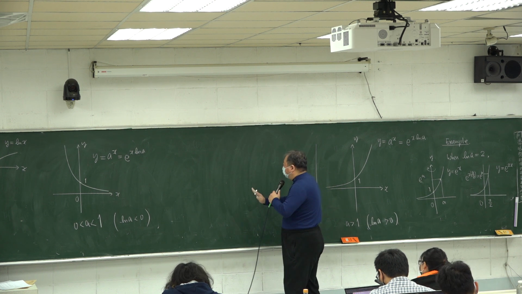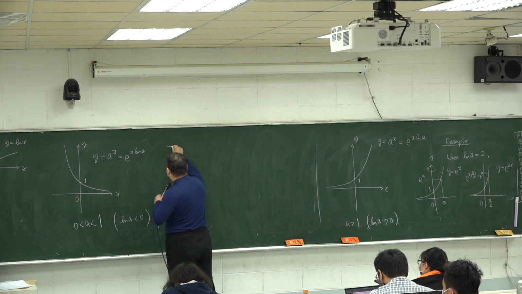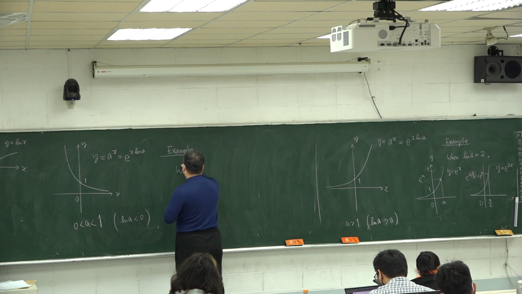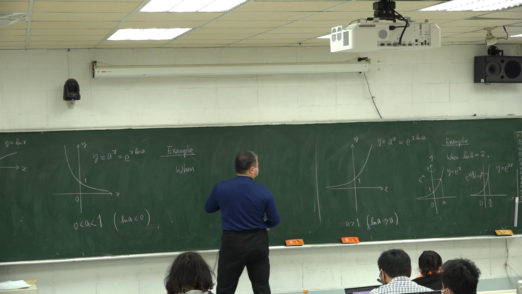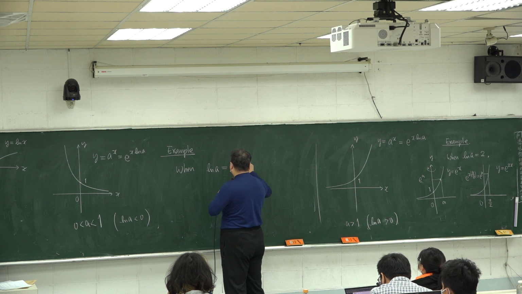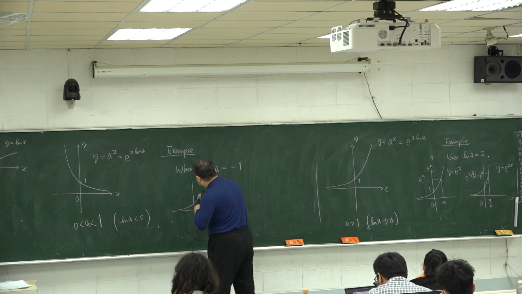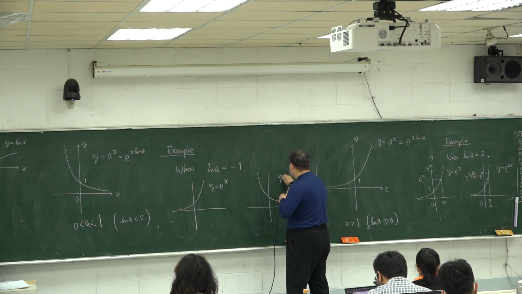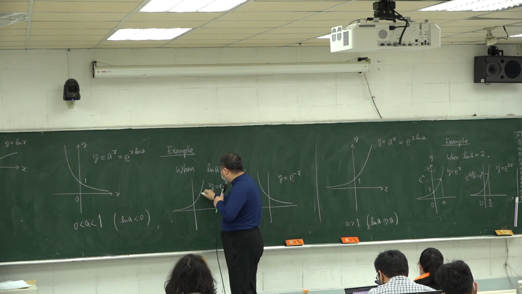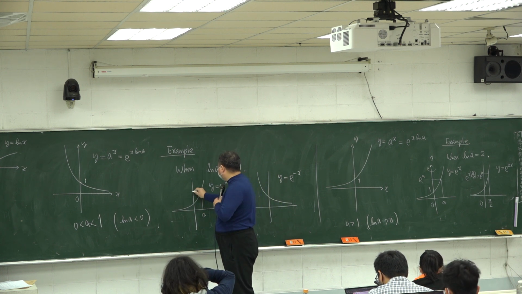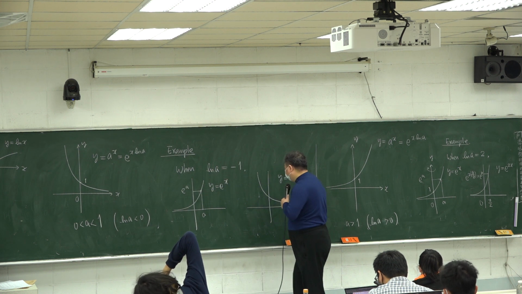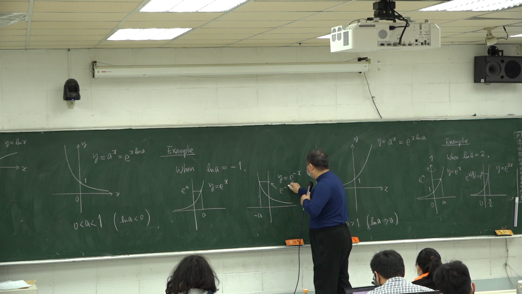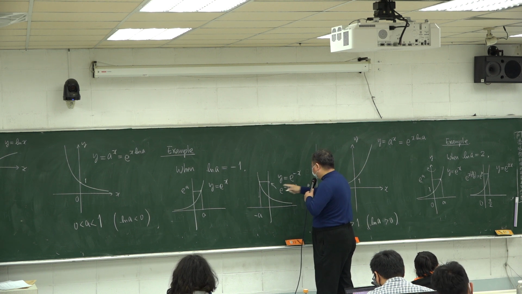Then a dilation or contraction. For example, if a here obtains e to the a, then we have to choose minus a to obtain e to the a, the same height.